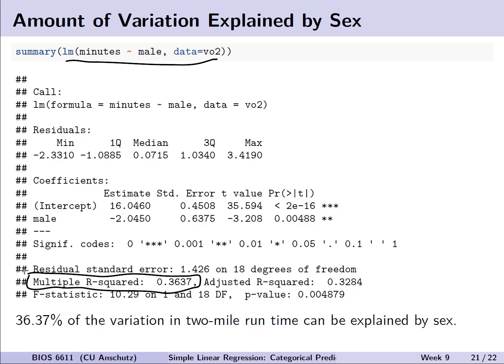Here, if we do this, we can interpret it as 36.37% of the variation in 2-mile runtime can be explained by sex alone. So if we think back to the previous lecture with VO2 max, it's obviously less of the variation, and potentially this could motivate future questions that might look at more than one variable and the interactions or relationships between multiple predictors.